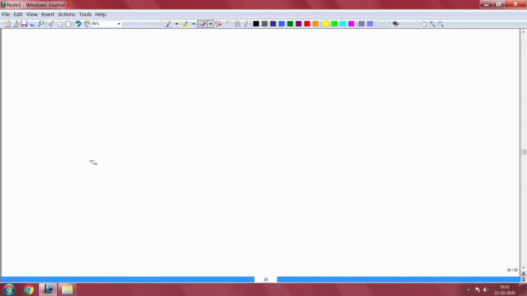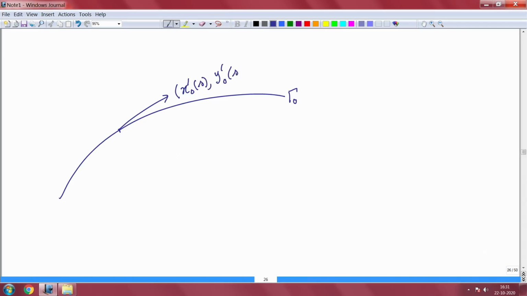You have your initial curve, gamma naught, and at this point you have your tangent, that is nothing but dx naught by ds, dy naught by ds. I am using two different notations, that is all. And then A, B is your characteristic direction, given by A, B of x naught of s, y naught of s, z naught of s.